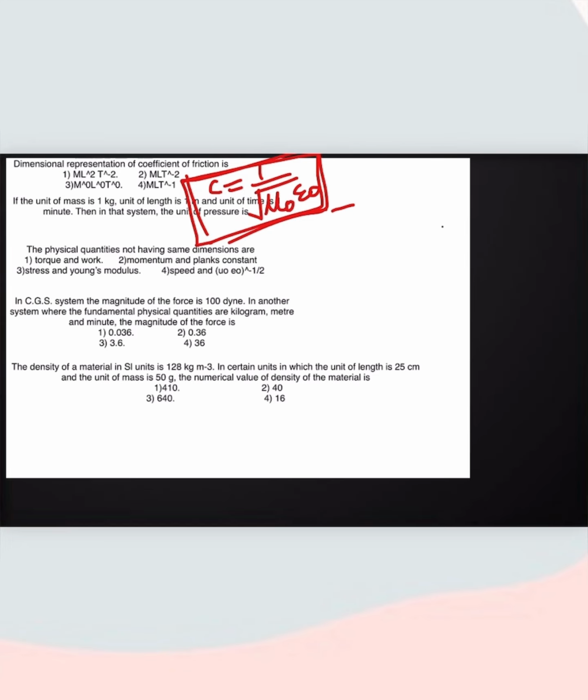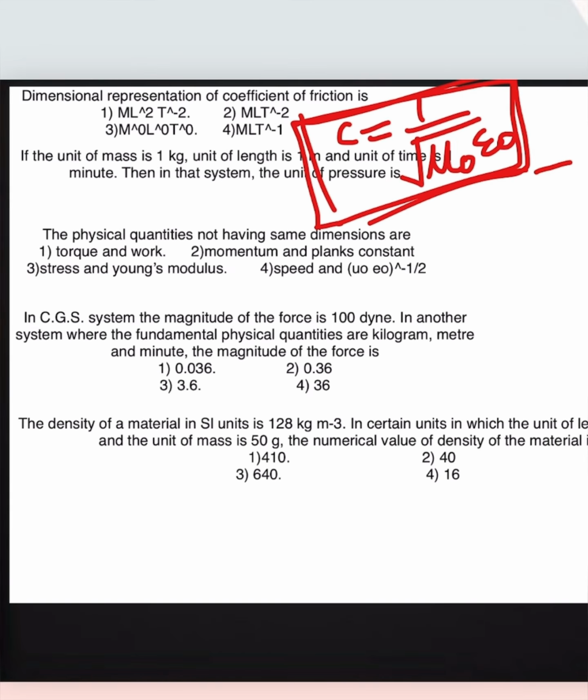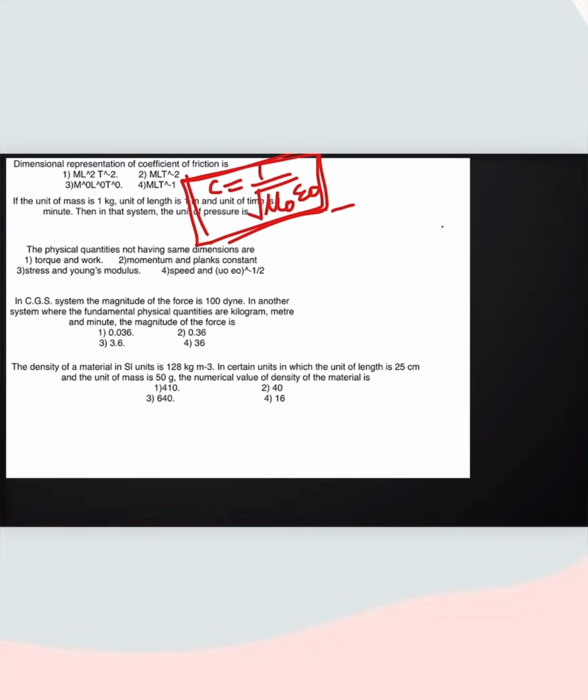So that's the question. In the CGS system of units, the magnitude of a force is 100 dyne. In another system where the fundamental physical quantities are kilogram, meter and minute, what will be the magnitude of the force?